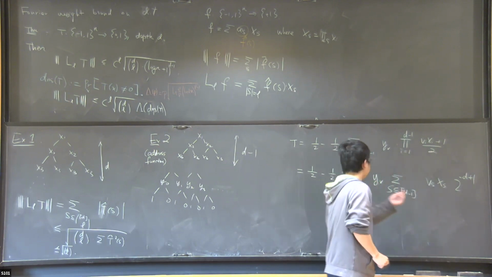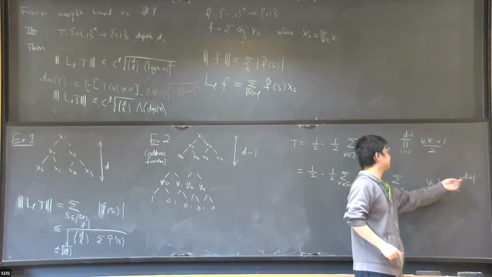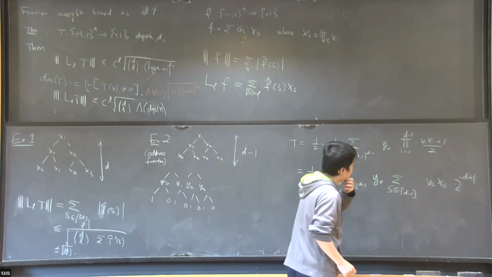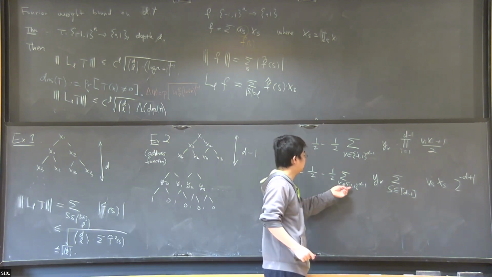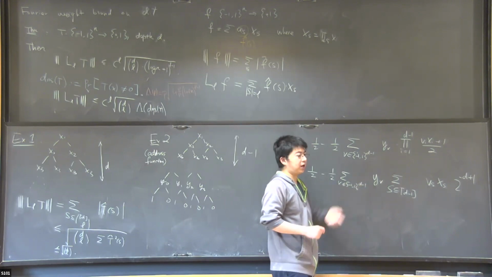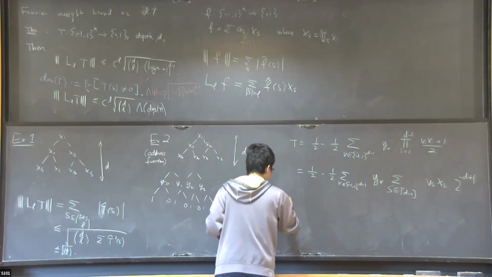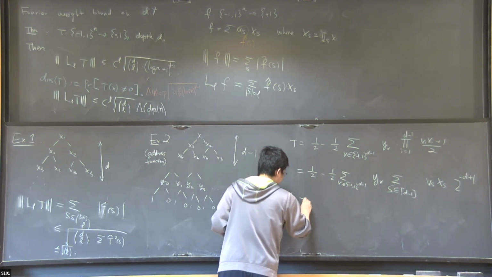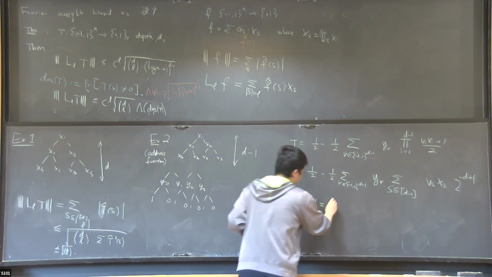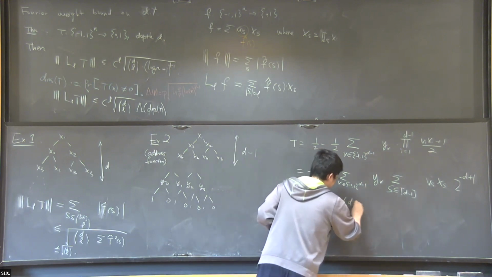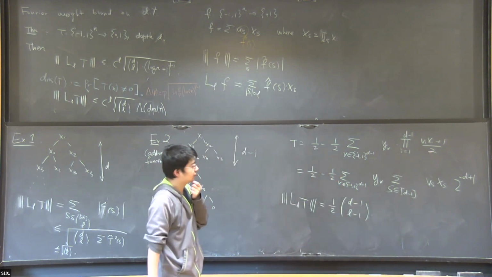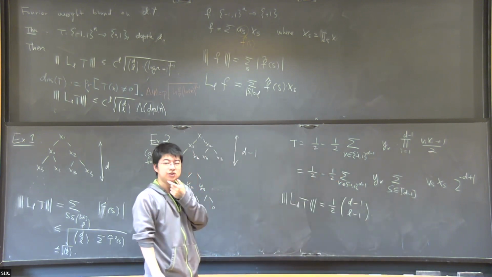And each will have its coefficient 2 to the -d+1 times a half. So that's 2 to the -d. And there are in total 2 to the d-1 ways to choose the y. So anyway, the level L weight of such a tree will be half times d-1 choose L-1. Any questions?